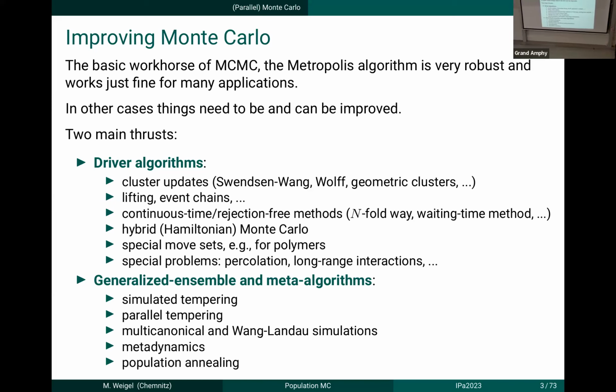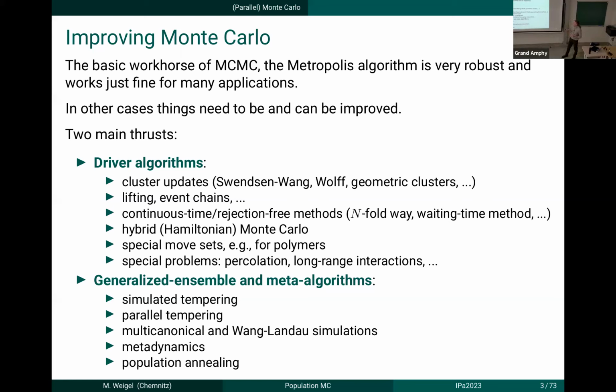For example, cluster updates can be applied to spin systems like Ising models, Potts models, stuff like that. Also to certain off-lattice problems. For example, there are proposals of cluster updates for liquid systems, hard disk systems, hard sphere systems, etc.